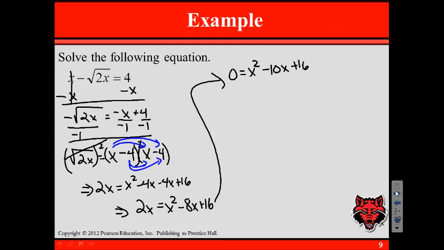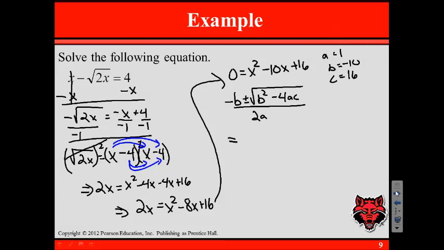Now we have a quadratic equation in standard form. A equals 1, B equals negative 10, and C equals 16. We plug this information into the quadratic formula: negative b plus or minus the square root of b squared minus 4ac all over 2a.